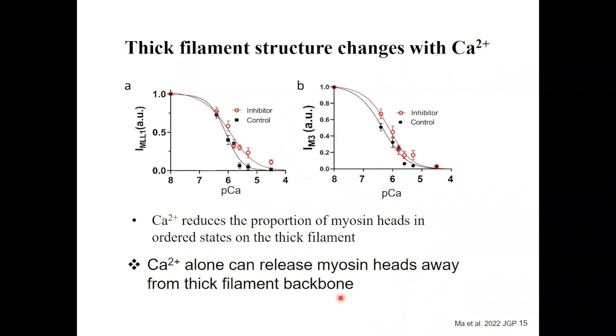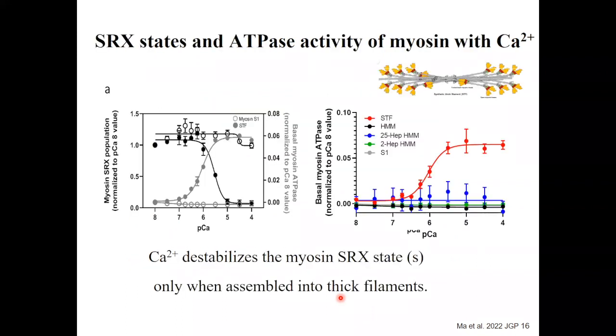But in this permeabilized cardiac system, we have everything. We have myosin, actin, titin, and also myosin binding protein C or other unknowns. So we're trying to decouple those contributions. Is there a direct calcium role on myosin itself?